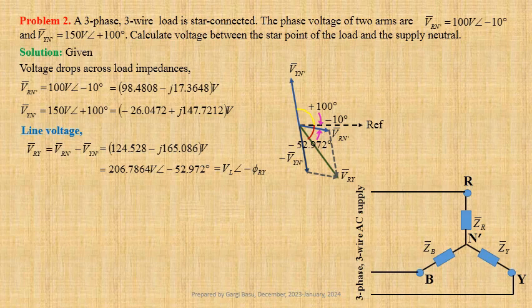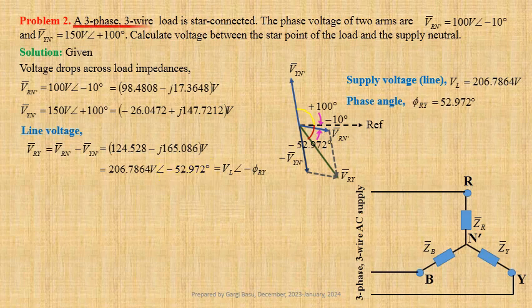Therefore, magnitude of line-to-line supply voltage VL equals 206.7864 volt, and phase angle of this line voltage phi Ry equals 52.972 degree.